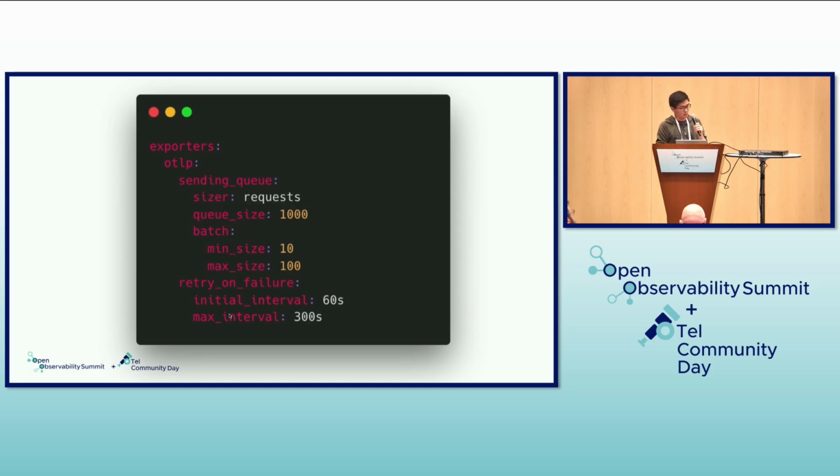So here's another very simple configuration showing how to configure the sending queue as well as the retries. There are some more advanced configurations like block count, overflow, and others, which you can find in the exporter helper documentation.